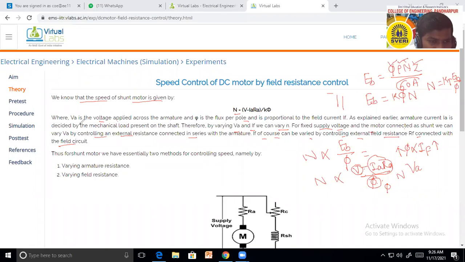See, thus for a shunt motor we have essentially two methods for controlling the speed.